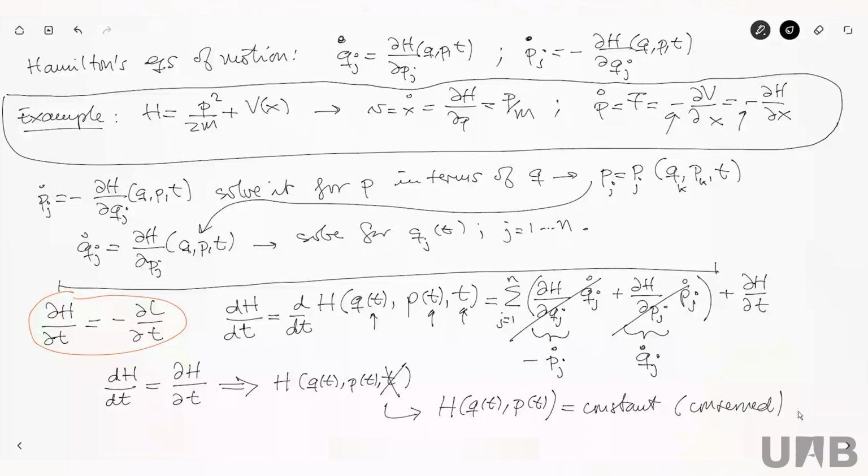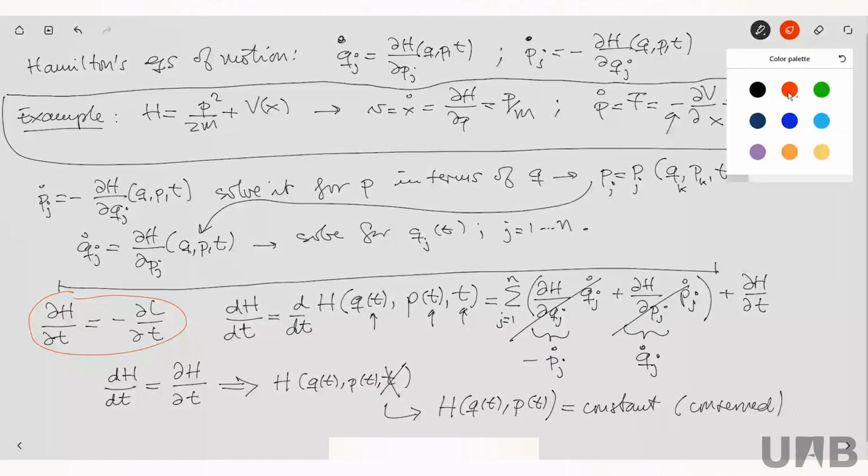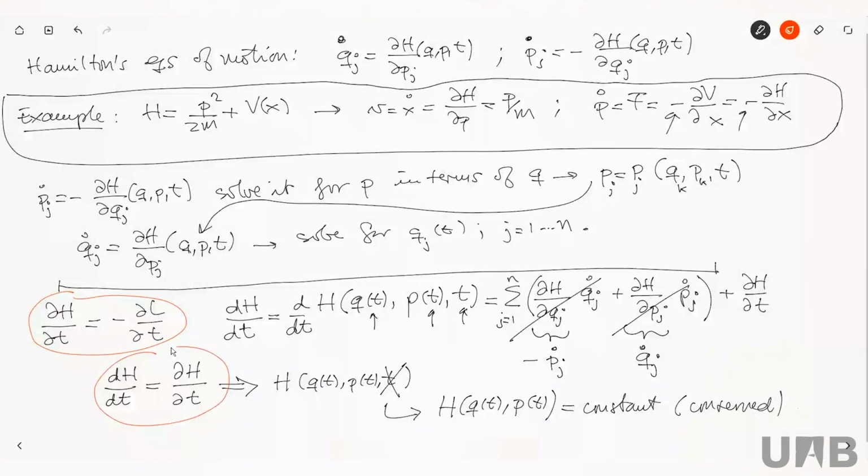Whether it is the energy or not, I don't care. It is conserved. And conserved quantities are very interesting. We are always looking for conserved quantities because they allow us to solve the problem in an easier way, right? So this is very important. The fact that the total derivative of the Hamiltonian equals the partial derivative of the Hamiltonian with respect to time immediately tells us that if this is 0, then H is a constant and is a conserved quantity.